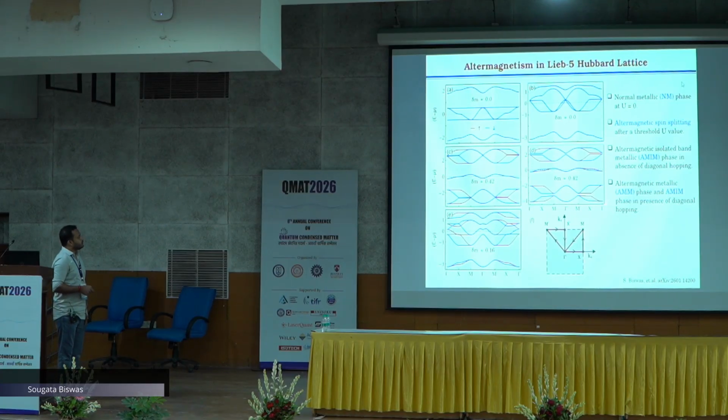We term this the altermagnetic metallic phase. So the main advantage of introducing the diagonal hopping in this system is twofold: one is that it reduces the threshold value of U, and at the same time it contains a new type of altermagnetic order, the altermagnetic metallic phase.